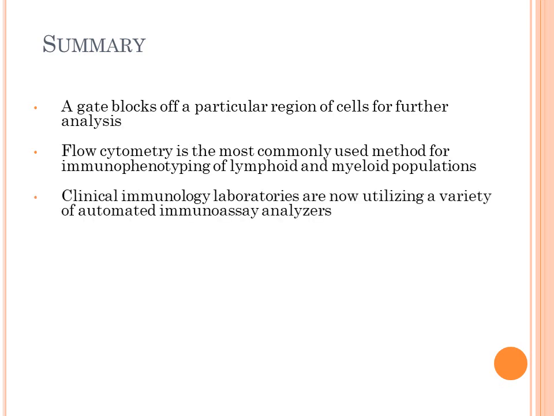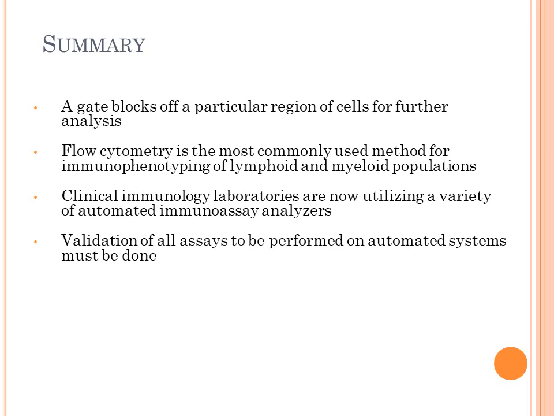It continues to be probably most commonly used to assess CD4 T cell counts. Clinical immunology labs are using a variety of automated immunoassay analyzers. Validation must be done on all assays for all automated systems.